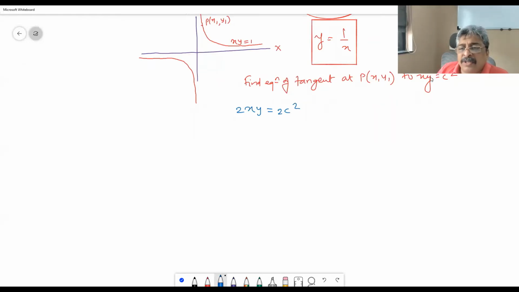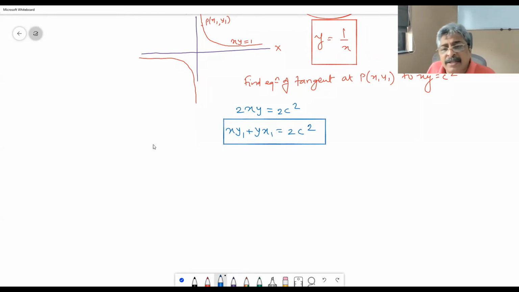Okay, xy is equal to c square is our hyperbola. So consider 2xy is equal to 2c square, and then we want to break this, and using T is equal to 0, we get xy1 plus yx1 is equal to 2c square. This is the equation of the tangent at x1 comma y1 to the rectangular hyperbola.